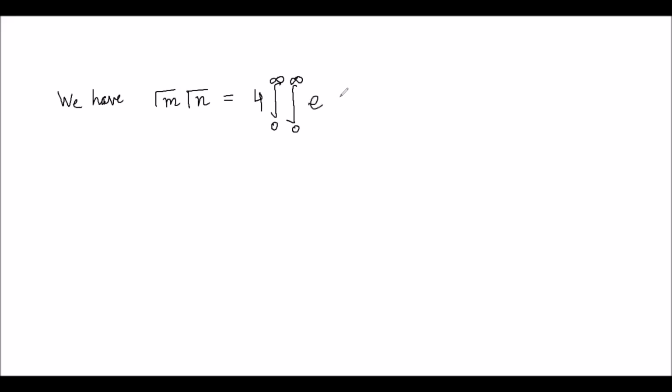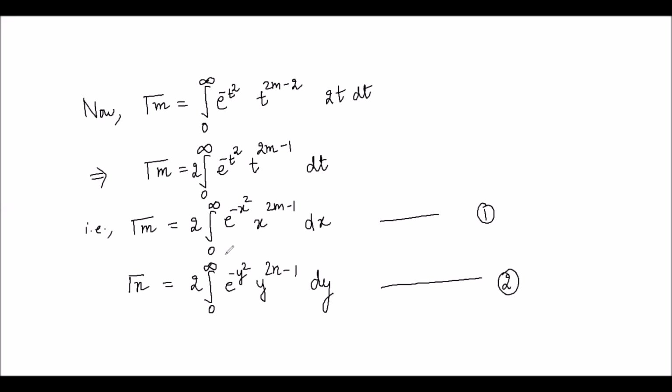If I combine the exponential term, it will be e raised to power minus, x square plus y square. We can see here we have e raised to power minus x square, e raised to power minus y square.